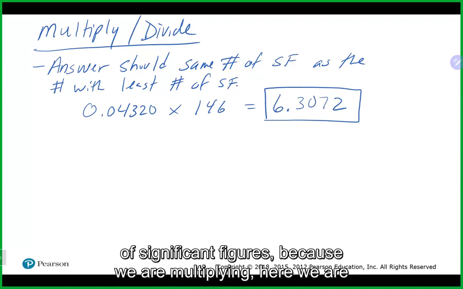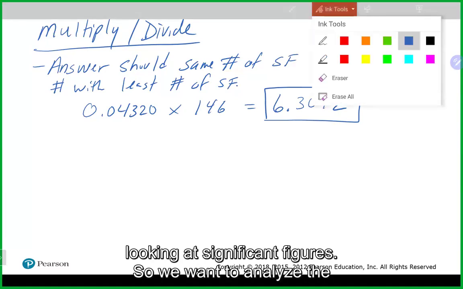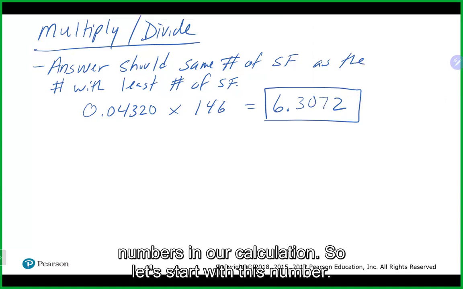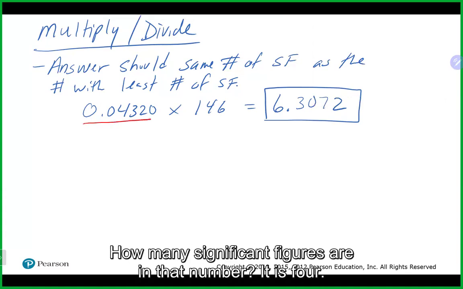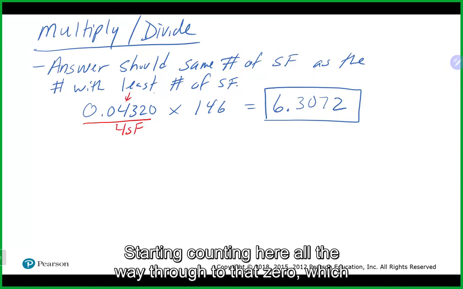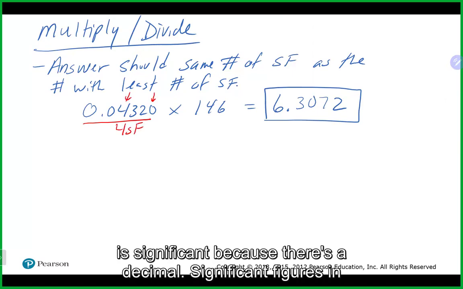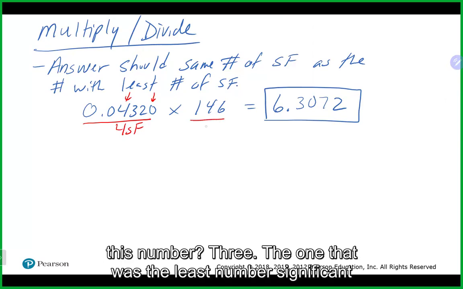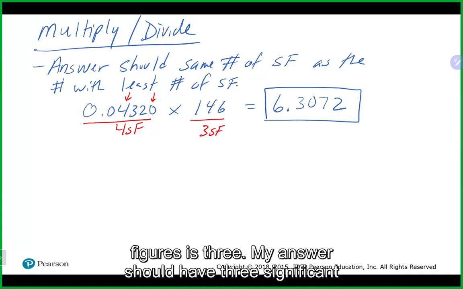Because we are multiplying here, we are looking at significant figures. So we want to analyze the numbers in our calculation. Let's start with this number. How many significant figures are in that number? It is 4. Starting counting here all the way through to that 0, which is significant because there's a decimal. Significant figures in this number, 3. The one with the least number of significant figures is 3. My answer should have 3 significant figures.